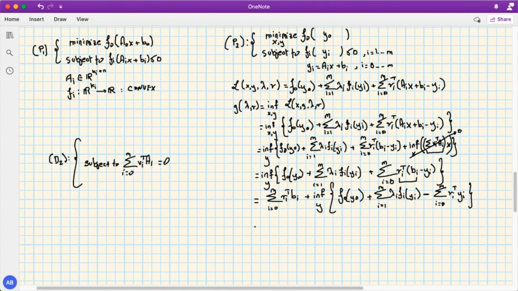So with that said, if I isolate y0 first, that corresponds to the cost function, I get f0 of y0 minus nu0 transpose y0.